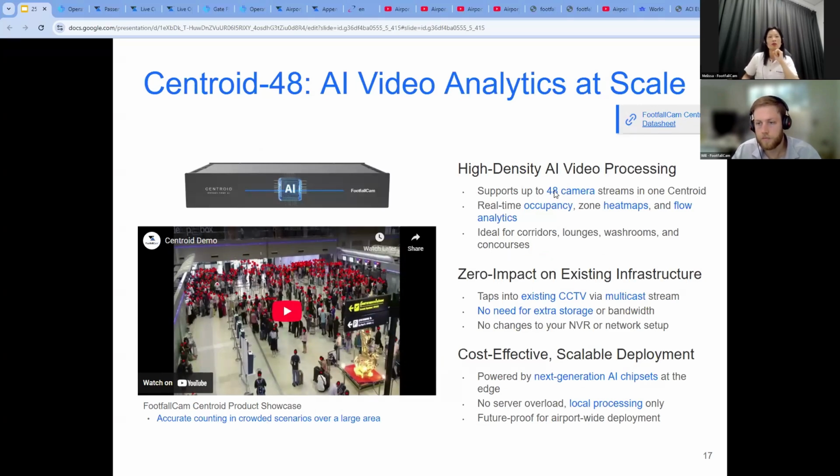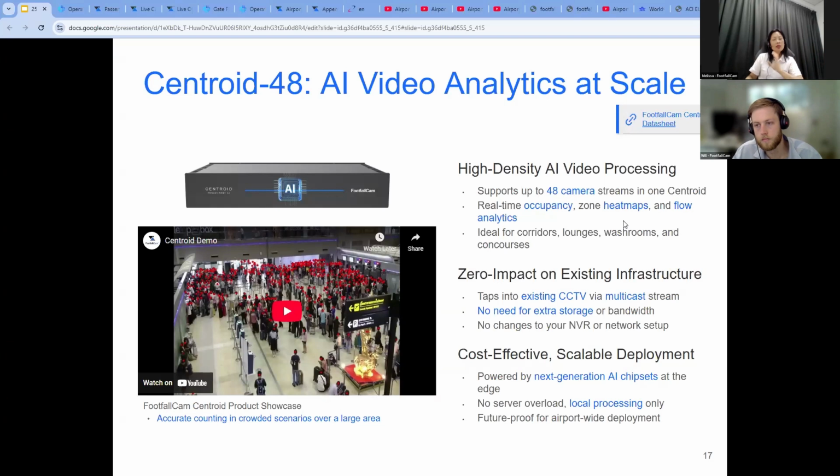It's an extremely cost-effective and space-efficient solution, perfect for large-scale airport deployment. With just one box, you can cover a very wide area, including corridors, lounges, washrooms, and concourses, all with real-time occupancy counting, zone analytics, heat map, flow analytics, and visitor flow tracking.